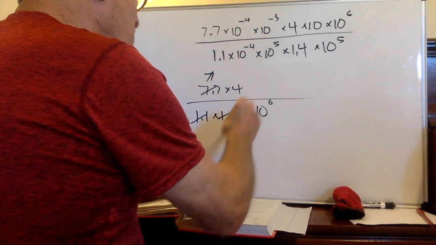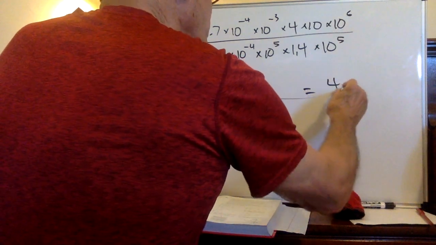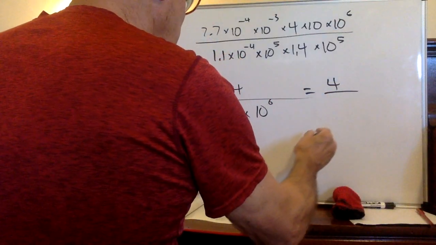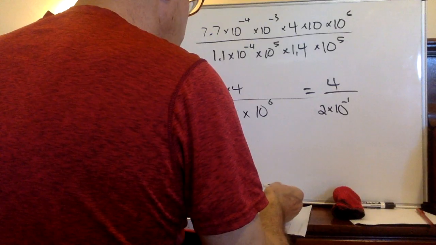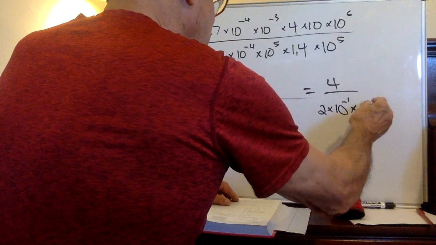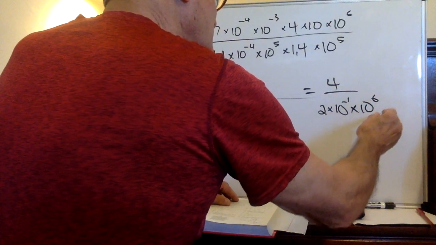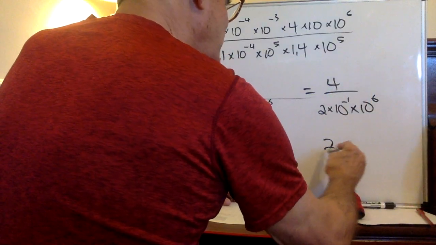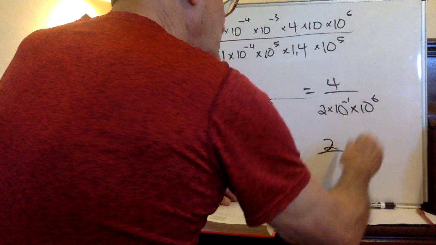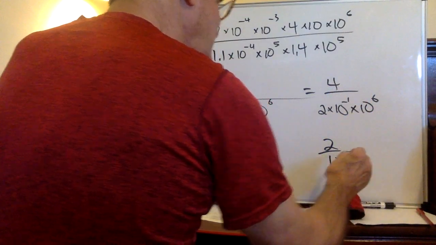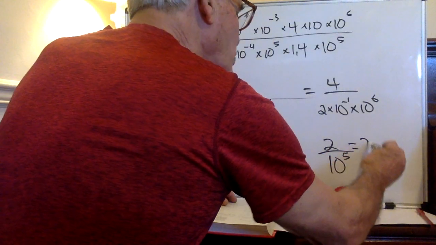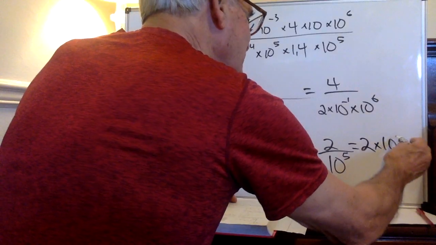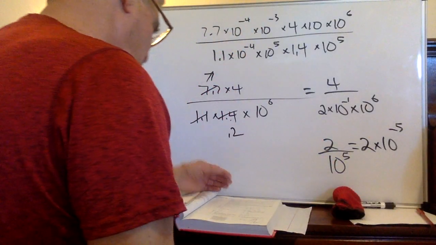So my numerator is a 4. 0.2 I can change to 2 times 10 to the negative 1 times 10 to the 6th. 2 goes into 4 twice. 10 to the negative 1 times 10 to the 6th is 10 to the 5th. So my answer is 2 over 10 to the 5th, or if you want, 2 times 10 to the negative 5. Either or.